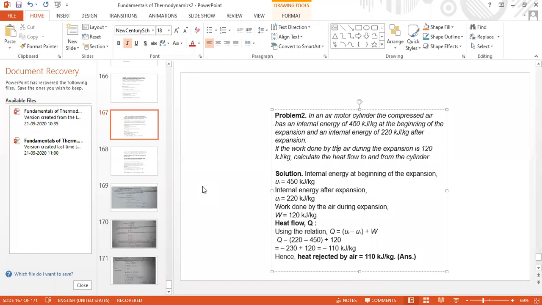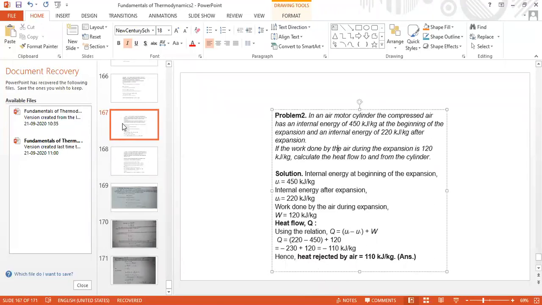Negative means heat is rejected by the system. Heat is rejected by the system. That means a minus value, minus 110 kilojoule per kg, means heat rejected by the system. If a certain system is rejecting heat, then it is negative. If a certain system is accepting heat, or is supplied with heat, then it is a positive value.